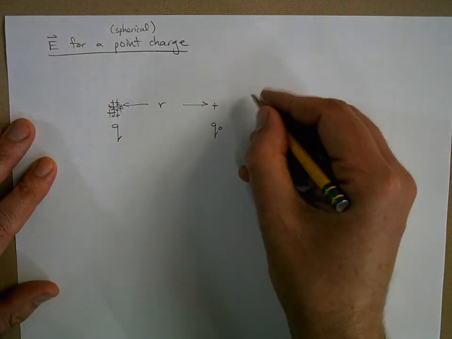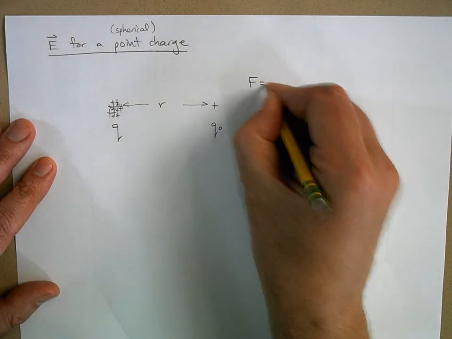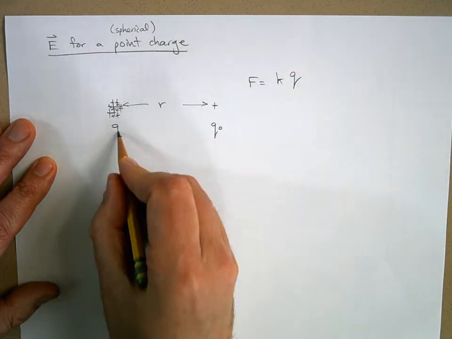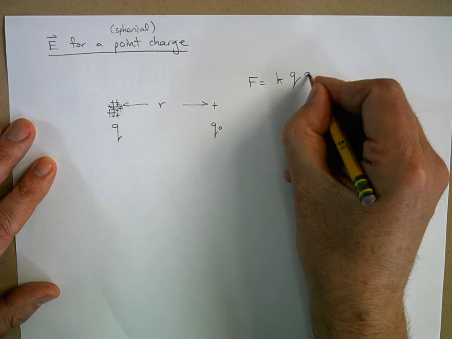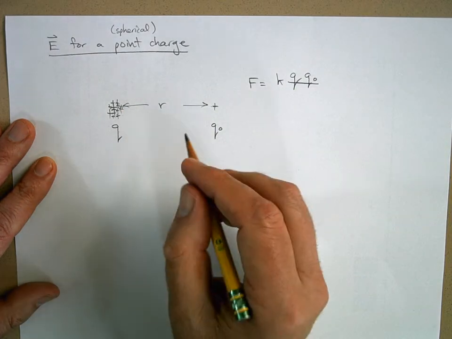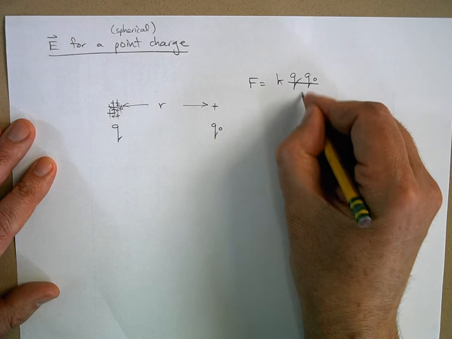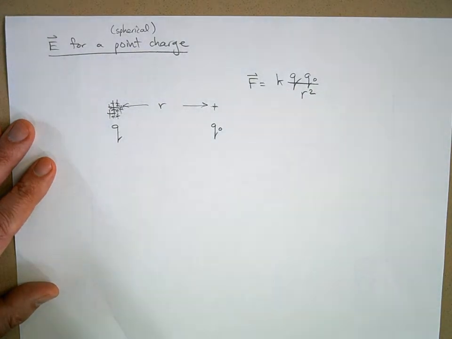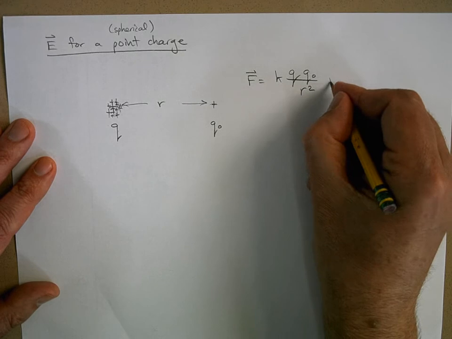So the force between these charges is equal to K times Q, this one, times Q naught over the distance between them squared. Yes? That's Coulomb's law. And in what direction is the force? Well, it's in the r hat direction.